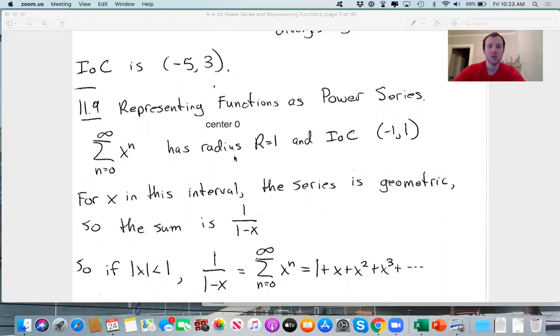So because this is geometric, it converges for x in this range, and so we'll write this out. So we know these two things: it converges if the absolute value of x is less than 1. So that's the fact that really says this 1 is where the radius comes from. And if you write this out as an interval, this is the set that you get.